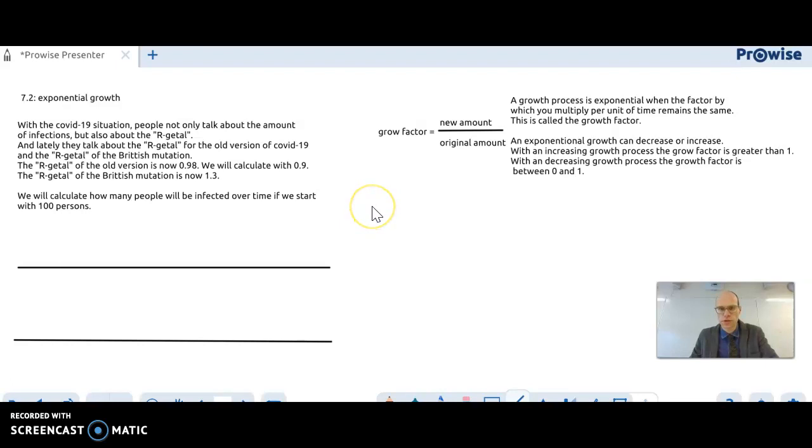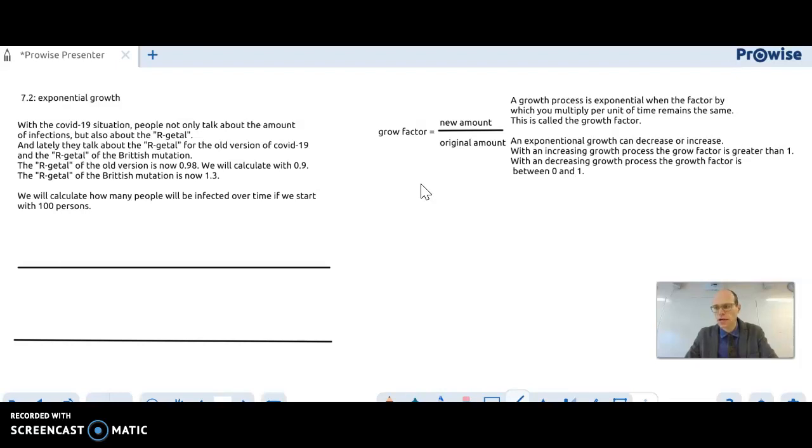R-getal, or reproduction number. Now, you can have a growth process that is called exponential when the factor by which you multiply per unit of time remains the same.